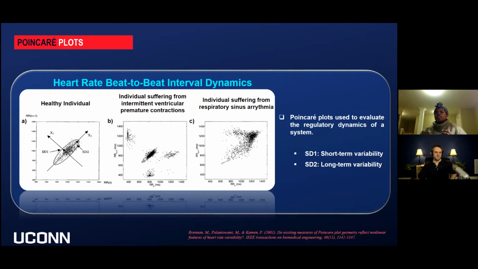We know that SD1 was telling us there was an issue in the short-term variability, and SD2 was saying there's an issue in the long-term variability. What this translated to for us is that we're going to start developing some rehabilitation protocols. And we want to say, if we see these adaptive changes, are they only storing these short-term, or are they storing these long-term? So that was where we came up with this.